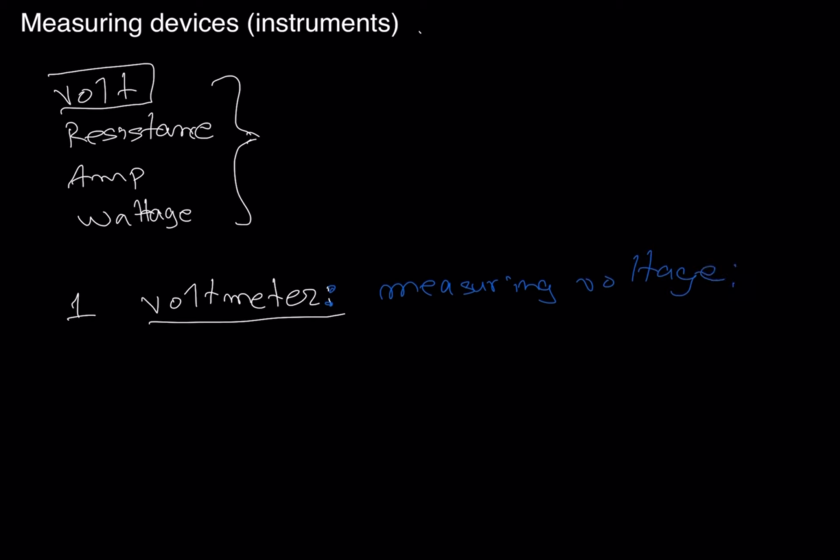And earlier we discussed that we have two kinds of voltage, AC, alternating current, and DC source.